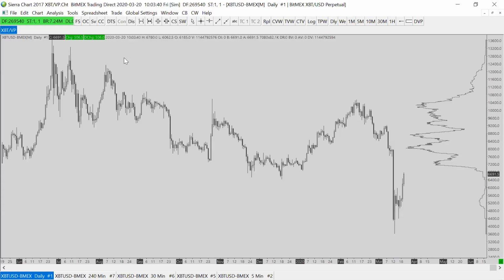So I'm just going to start by explaining what a volume profile is, just so that we're all on the same page.